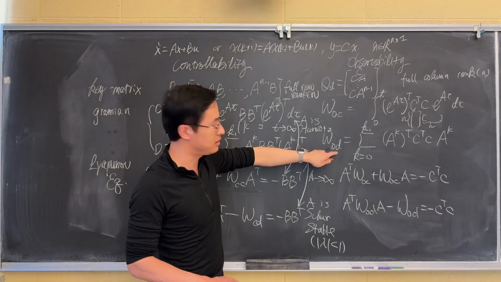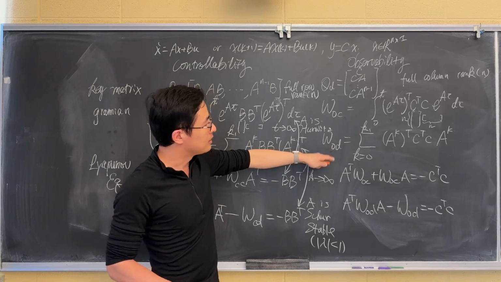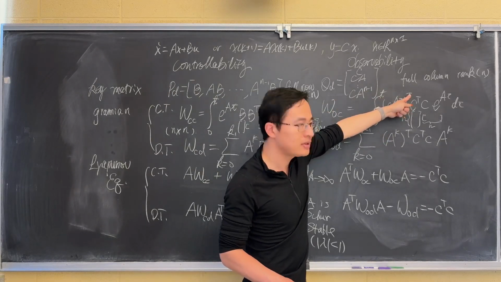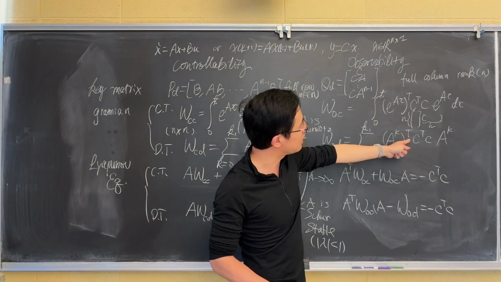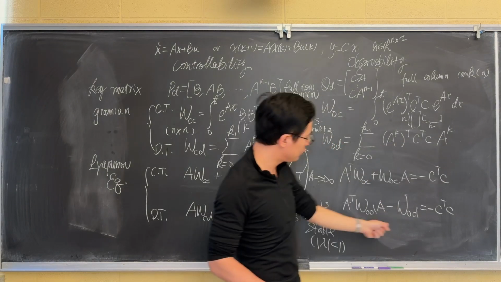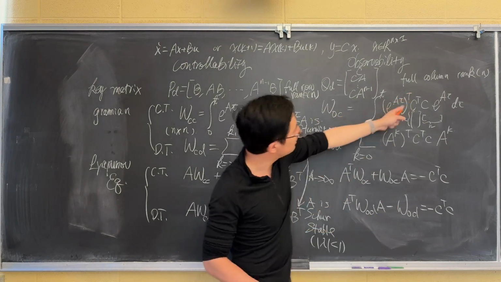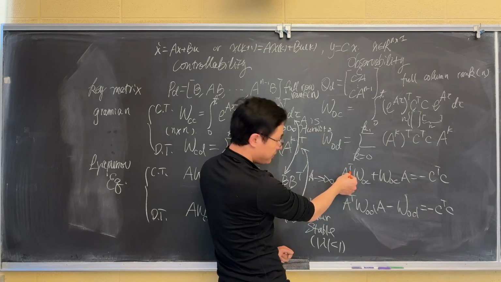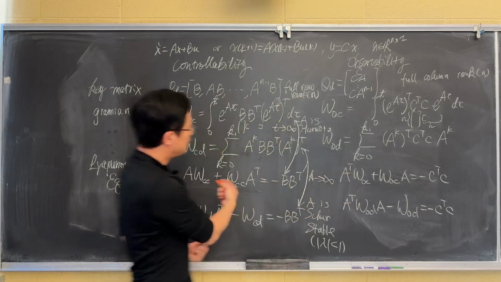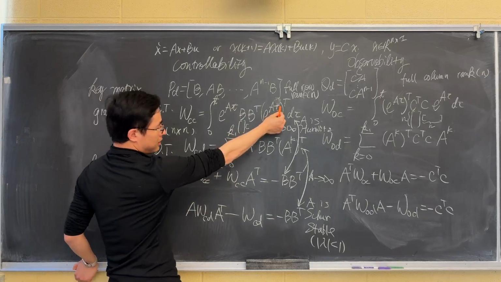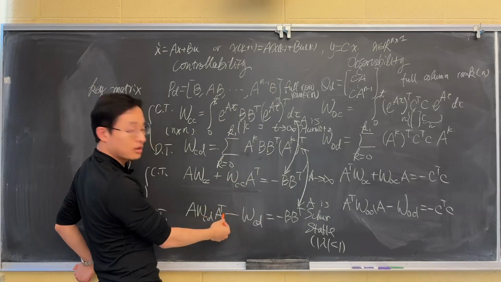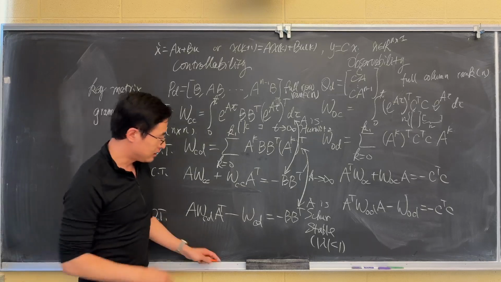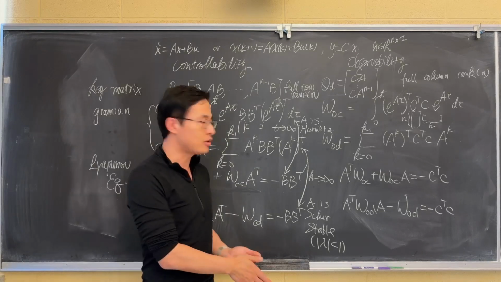In the discrete time case, the observability Gramian has a summation form, you have the transpose sign on the left-hand side, and the solution has the transpose sign too. You can see the pattern over here: transpose on the left, and over here, transpose on the right. So the way these things appear, there are certain structures in it.